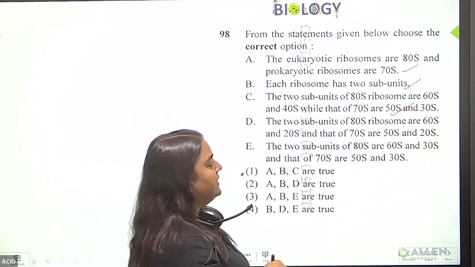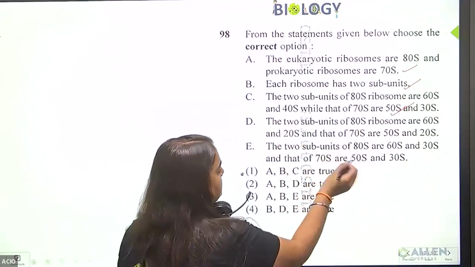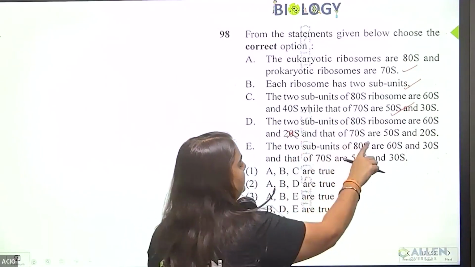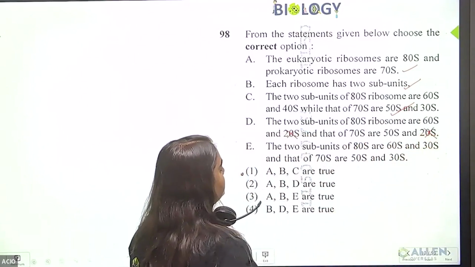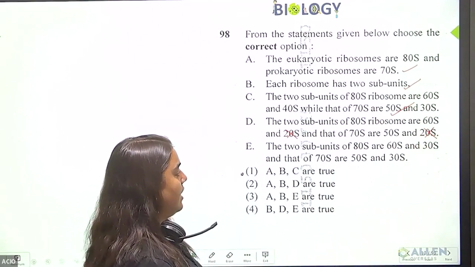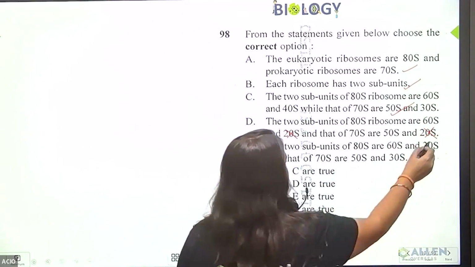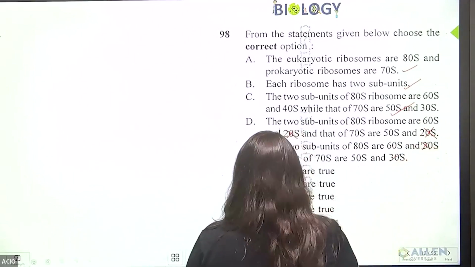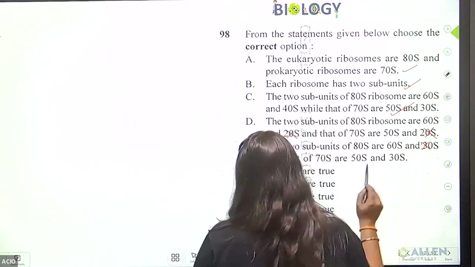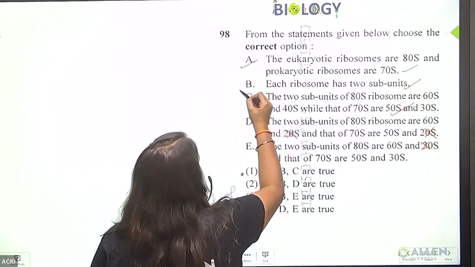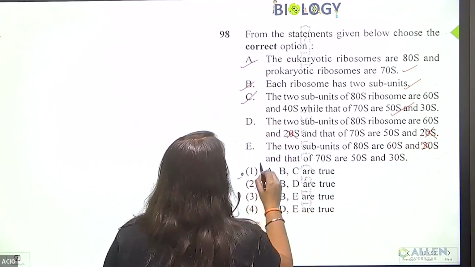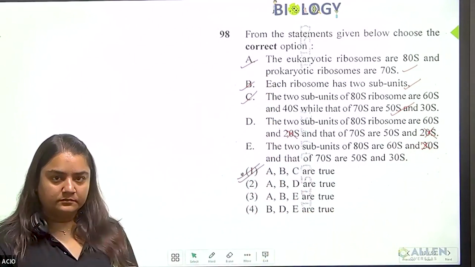The two subunits of 80S are 50S and 60S, or 60S and 20S. 20S is wrong. 70S has 50S and 20S. 20S is again wrong. The two subunits of the 80S are 60S and 30S. 30S is again wrong. Over here also 30S is right, but this part is wrong. So which three statements are correct? A, B, and C. So the first option will be our correct one.